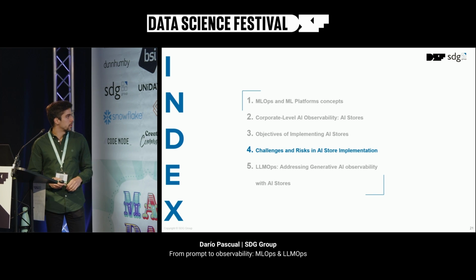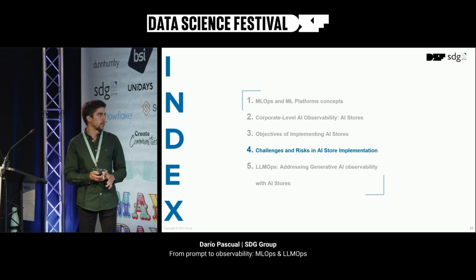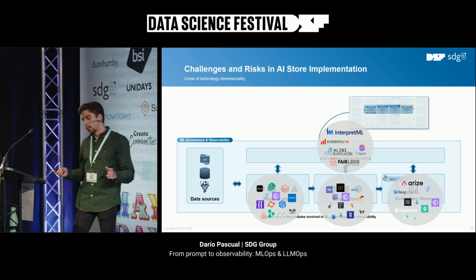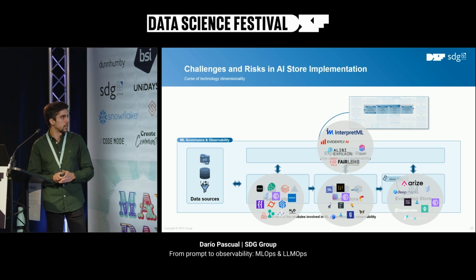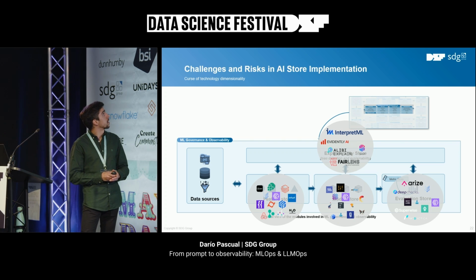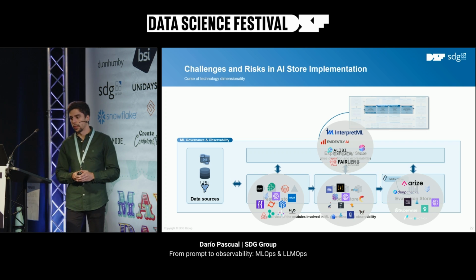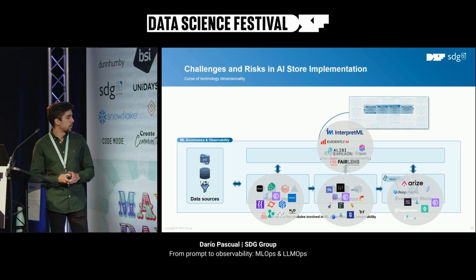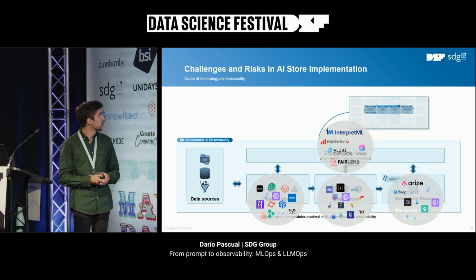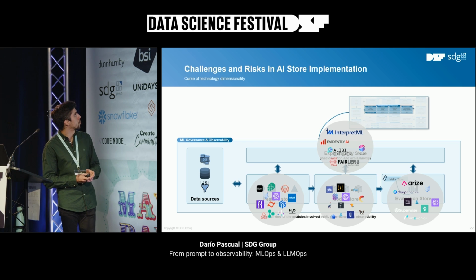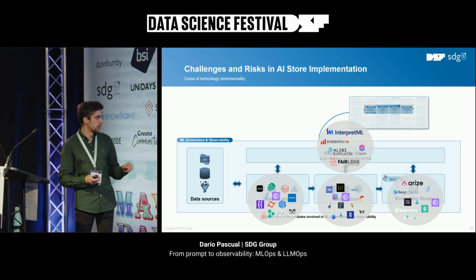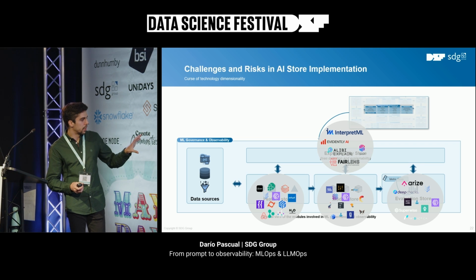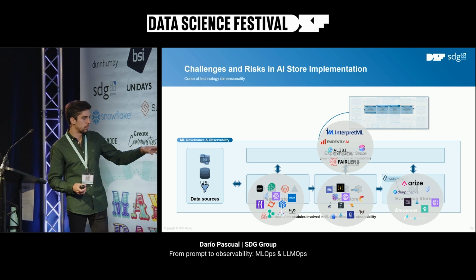So it's been a while since I started talking about AI stores, and I want to talk about some drawbacks, or rather difficulties, of implementing them in our platforms. As in ML, where we have a problem called the curse of dimensionality when we have a lot of features to train our models, here, when it comes to ML platforms, I like to introduce this curse of technology dimensionality, because we have a lot of cloud vendors and technologies that want to cover every aspect of what we need in the different stores.